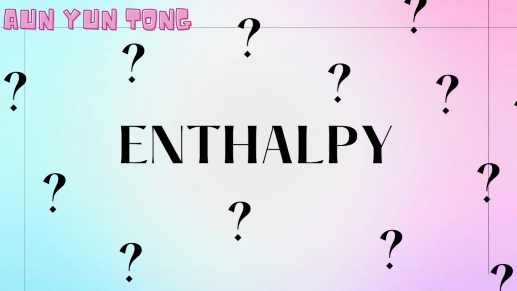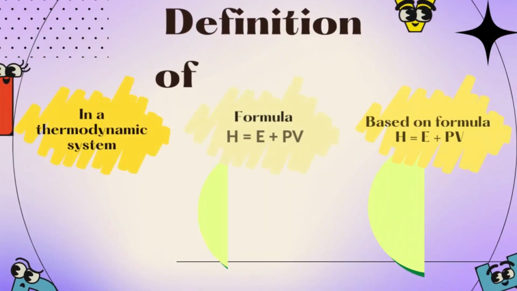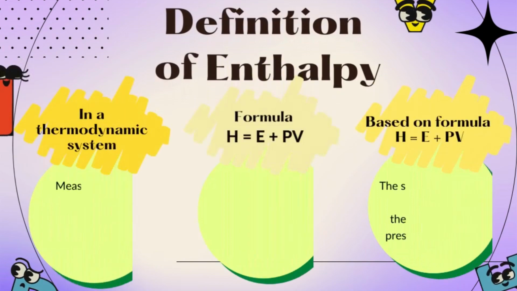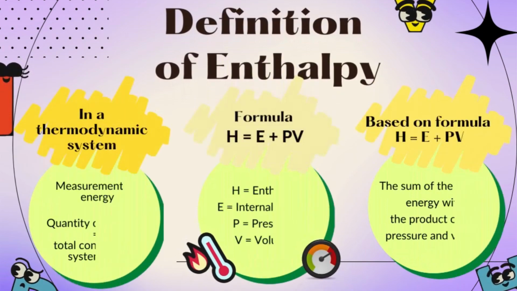For my part, I'm going to talk about and explain enthalpy. First of all, what is enthalpy? In a thermodynamic system, the measurement of energy is known as enthalpy, whose quantity can equal the total heat content of a system.